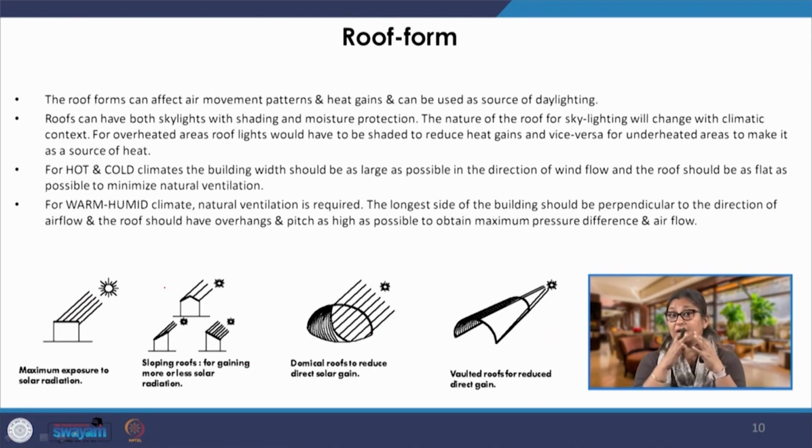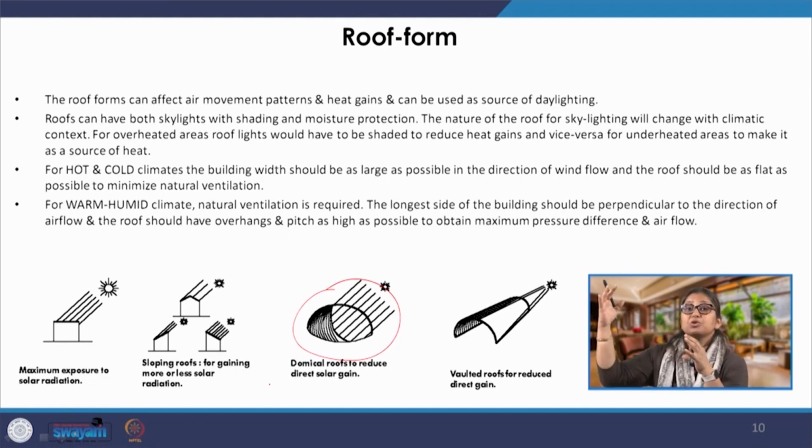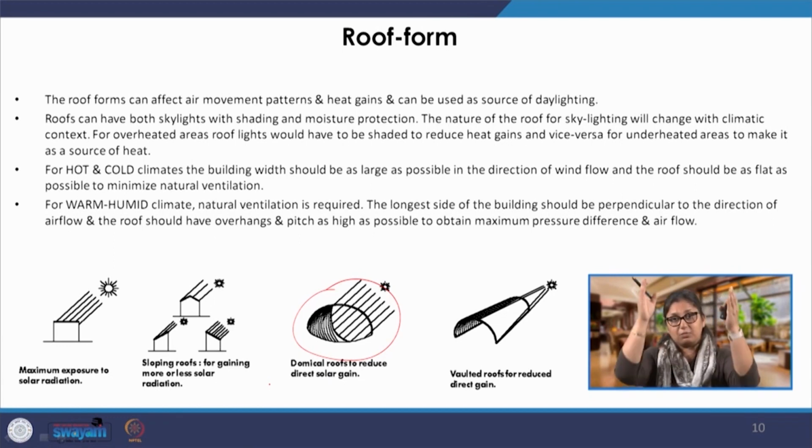Then we also have to select the roof form. If it rains heavily, then we will have sloping roofs, but in addition to that, we will also be looking at the amount of solar radiation that comes. If we have a domical roof, only a portion of the roof is exposed to solar radiation directly at a given point of time in the day, except when the sun is absolutely above our head, vertical, when the entire roof will be receiving radiation.